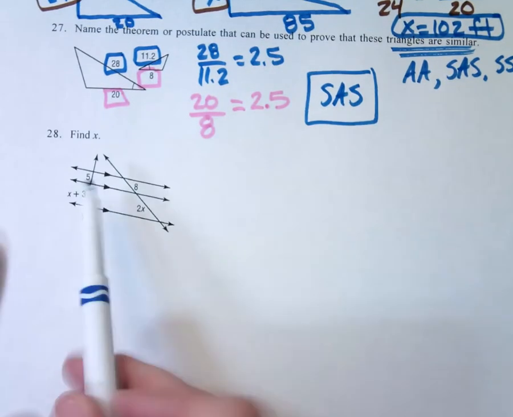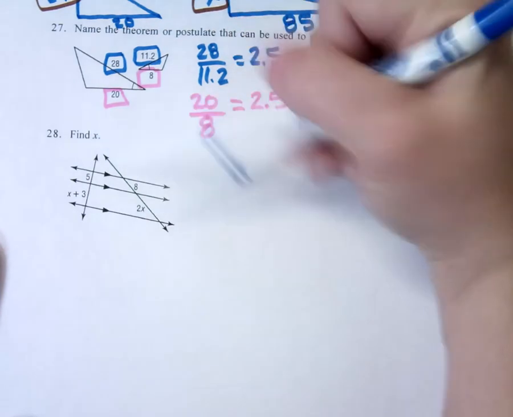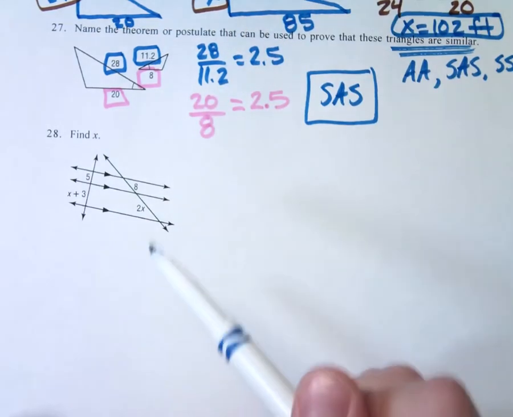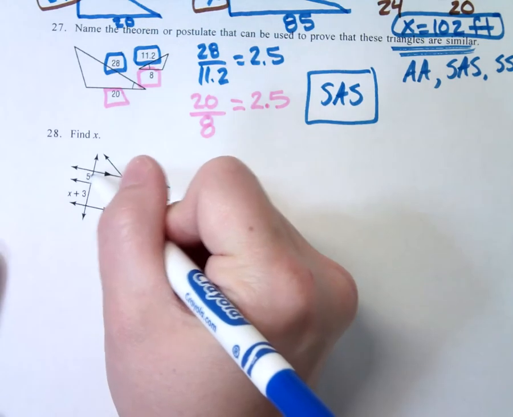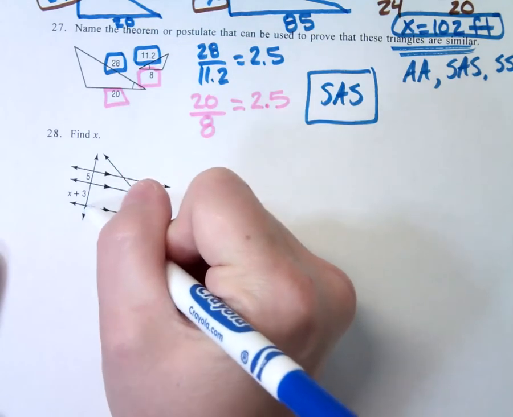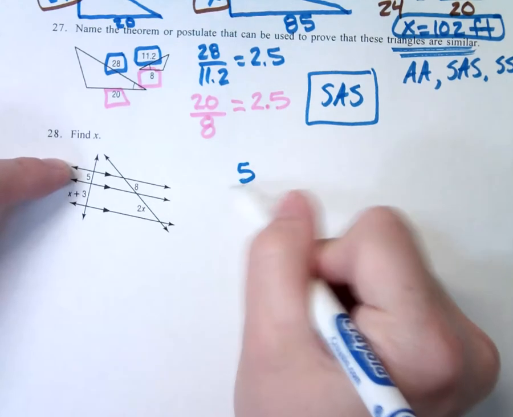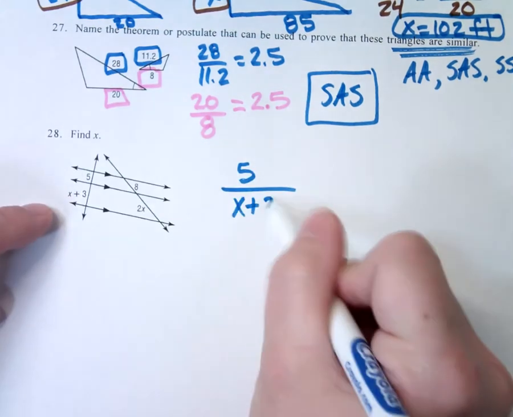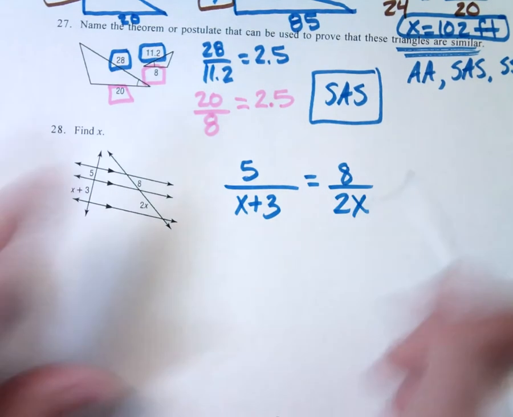Okay, 28. If I have 3 or more lines where 2 transversals cut through them, those transversals cut the pieces into proportional parts. So 5 is to x plus 3 as 8 is to 2x.